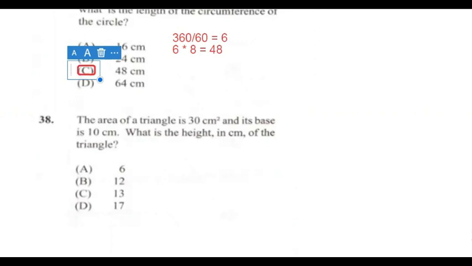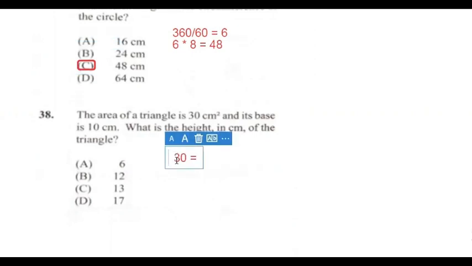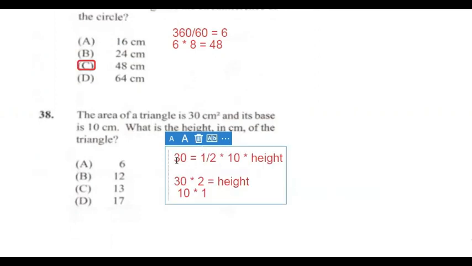38, the area of a triangle is 30 centimeters squared and its base is 10 centimeters. What is the height in centimeters of the triangle? The area of a triangle is equal to half times base times height, and the area is 30, so 30 is equal to half times the base of 10 times the height, and we're trying to find the height.